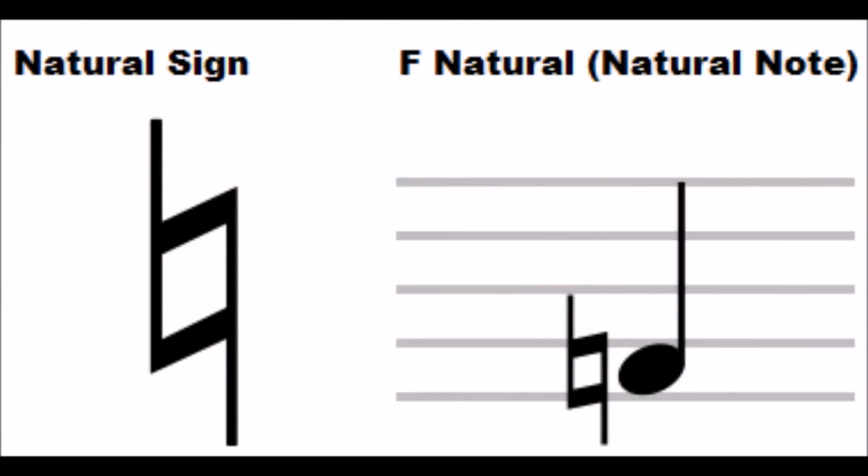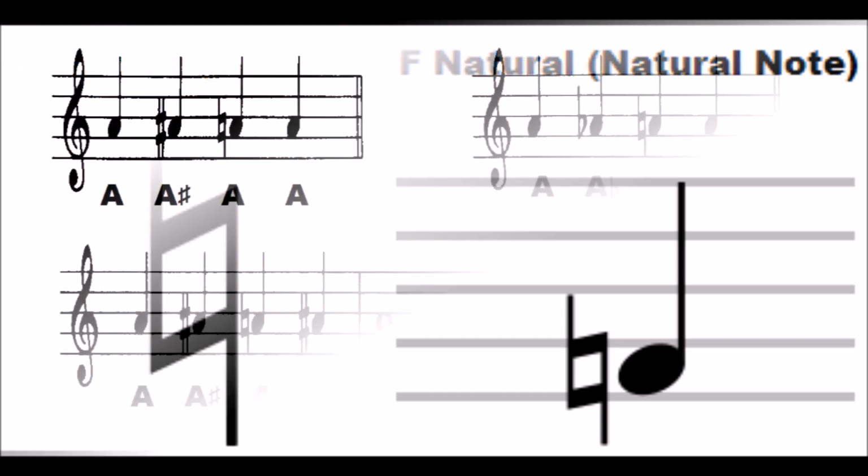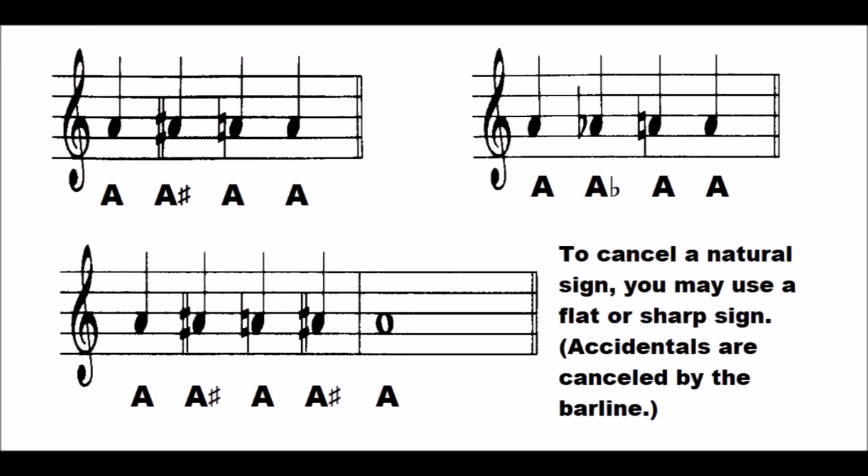A natural cancels a sharp or flat. For example, if a musical piece has a note that's flatted, but the composer wants that note to be a natural note, a natural sign would be added.